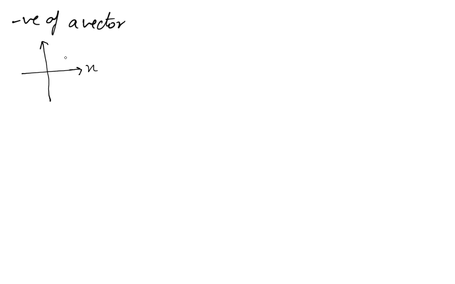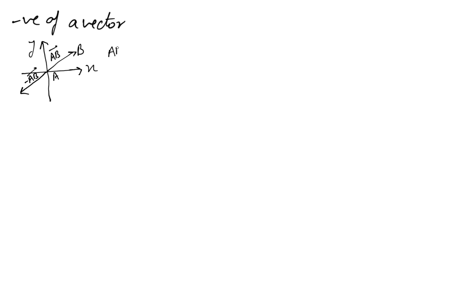If you have a vector, something like this, AB, then the negative of a vector is just a vector in the opposite direction, like that. So this is AB and this is minus AB.